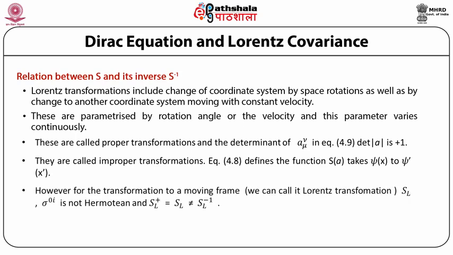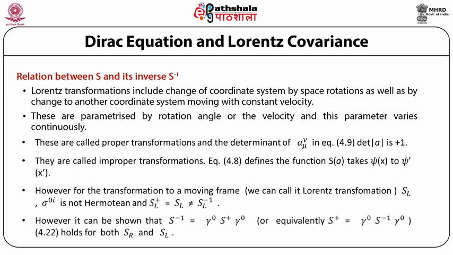However, for the transformations to a moving frame, which we can call a Lorentz transformation or a boost, S_L, sigma 0i is not Hermitian, and S_L dagger is not equal to S_L inverse. However, it can be shown that S inverse is still equal to gamma naught S dagger gamma naught, or equivalently, S dagger is equal to gamma naught S inverse gamma naught, which holds for both S_R and S_L.